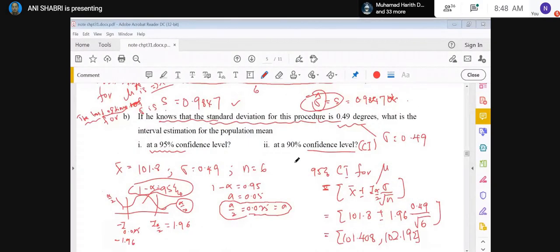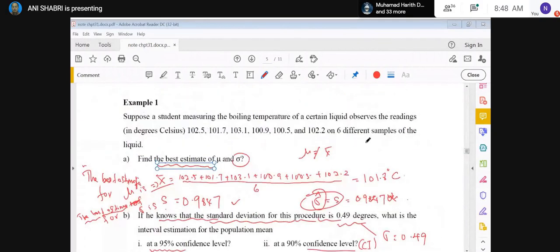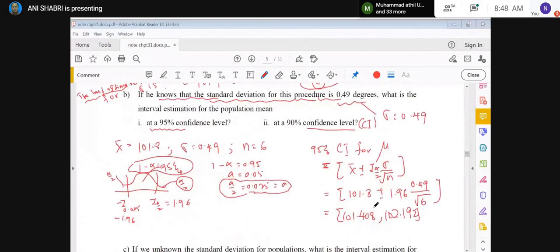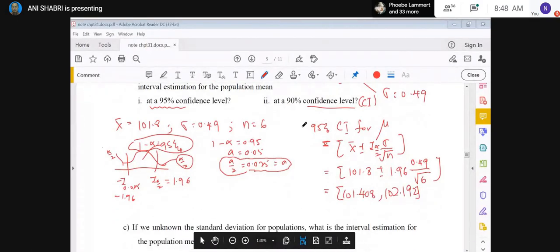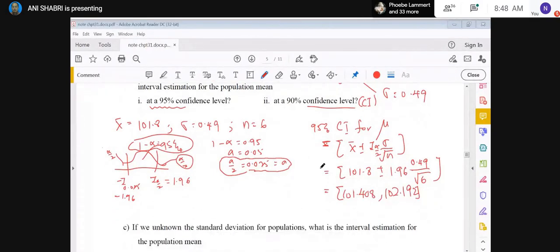We believe that the boiling temperature is between 101 and 102. We believe with 95% that the value is within this range.